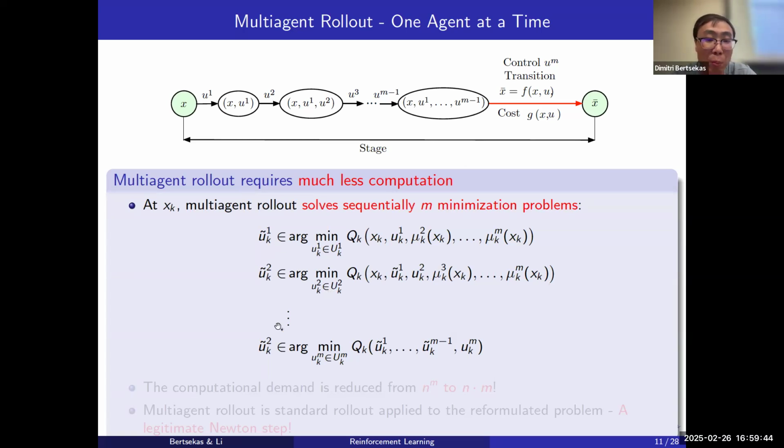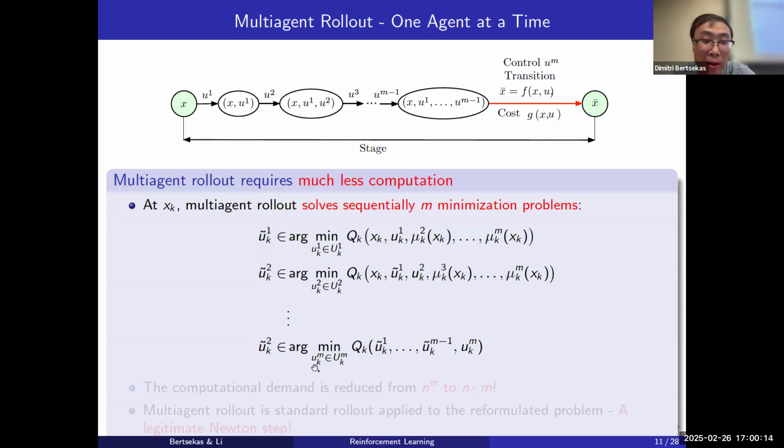So after M-1 minimization problems are completed, we get to this state, which is, oh, here is a typo. There should be xk as well. So it will be xk, uk1, uk2, all the way to uk tilde M-1. So that's the state here. And at this point, oh, here is a typo as well, sorry.